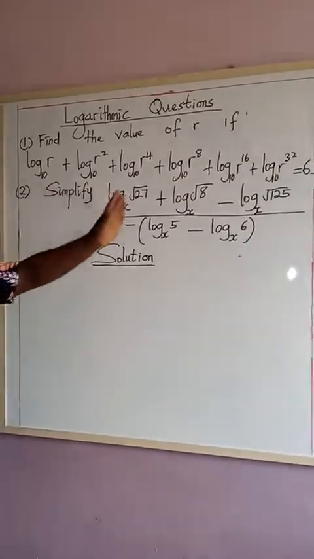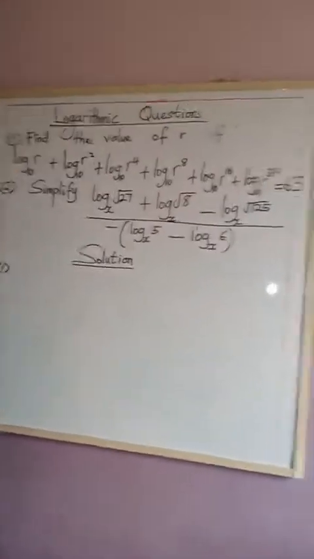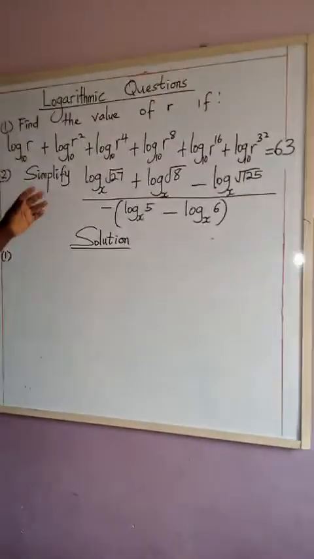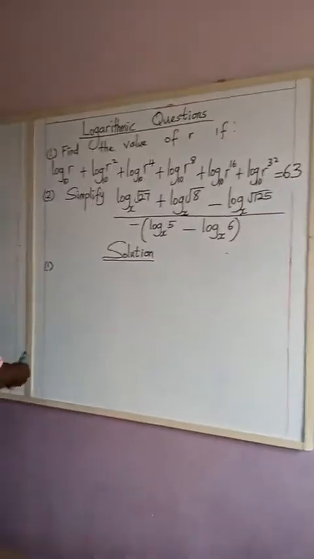Here we have logarithms of the same basis. According to the law of logarithm, to add logarithms of the same basis, all we need to do is to multiply the numbers.